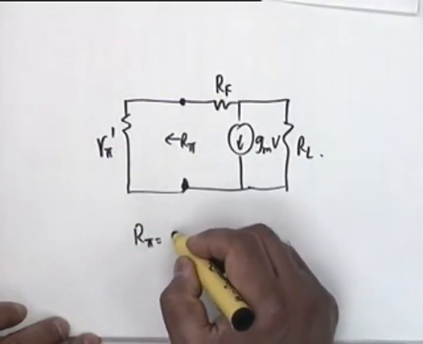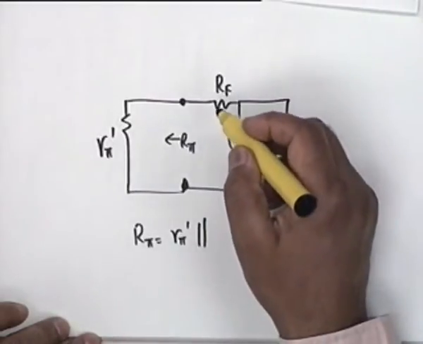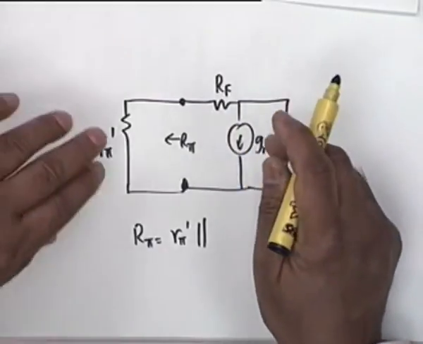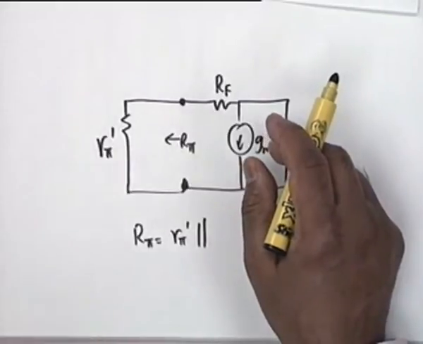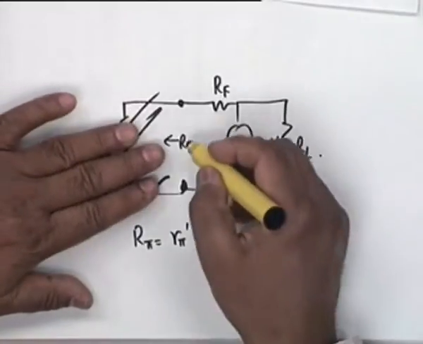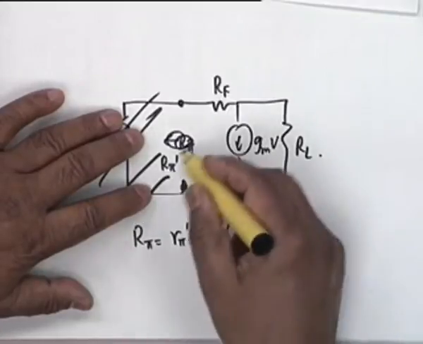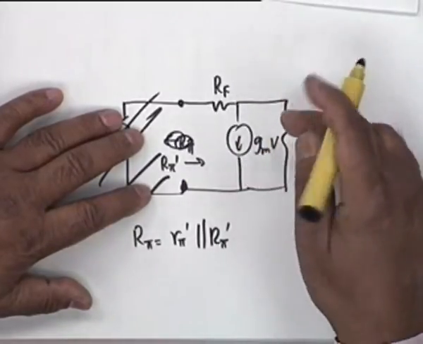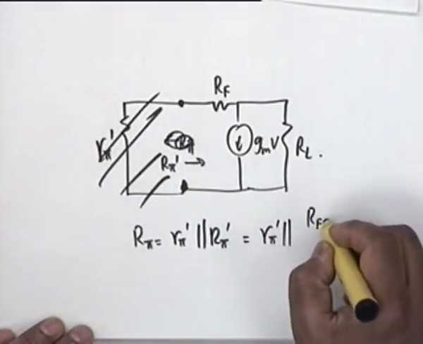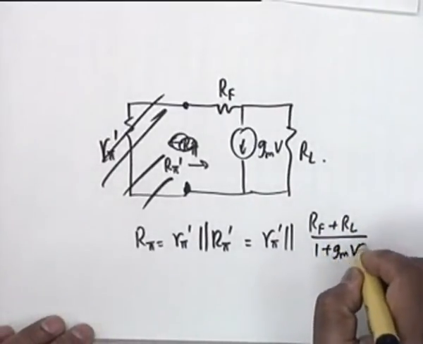Obviously, R pi would be equal to R pi prime parallel what is seen by this circuit. Don't include this, then you have to write an extra term. Let's call this R pi prime. Then you calculate R pi prime, which is obviously a very simple task, and therefore the result is R pi prime parallel RF plus RL divided by 1 plus GMRL.